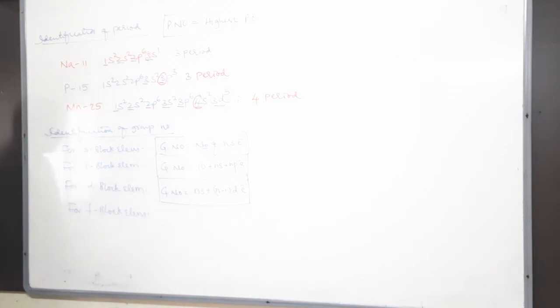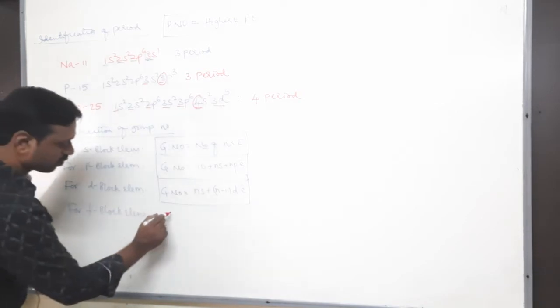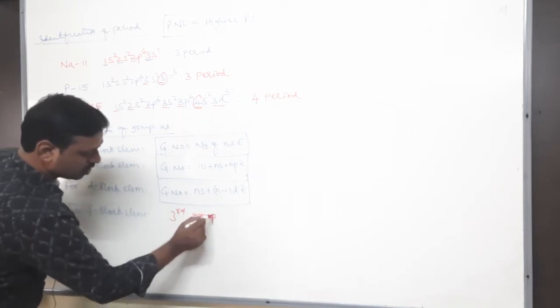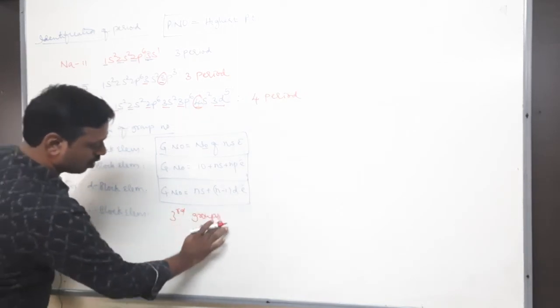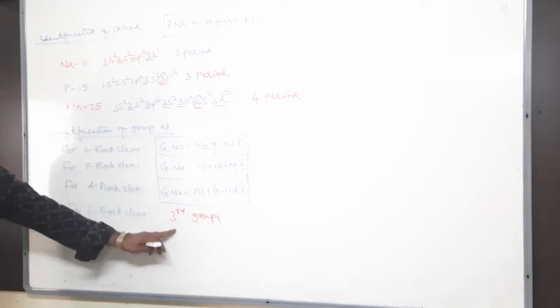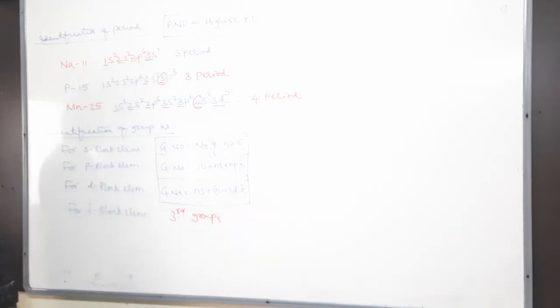Anybody? All F block elements belong to the third group. You need not calculate. Lanthanides and actinides both belong to the third group. For F block element you just remember the group number 3.